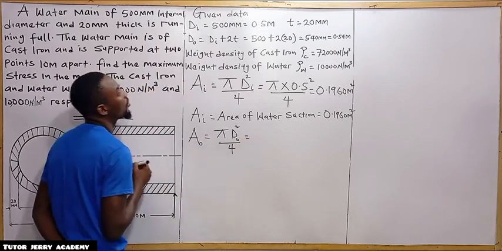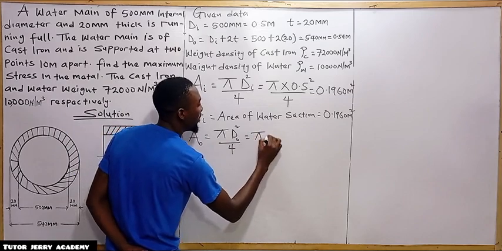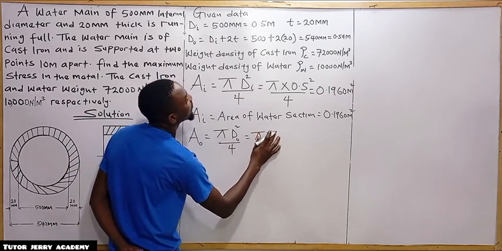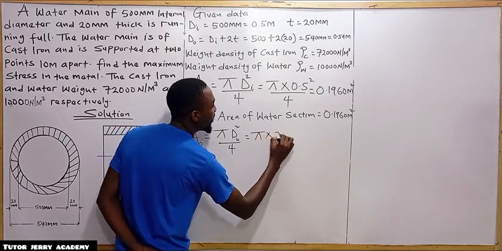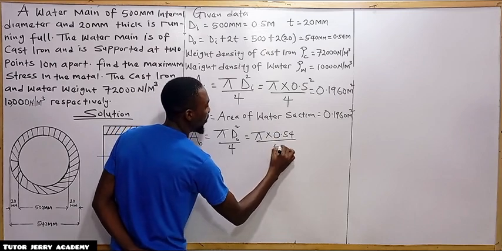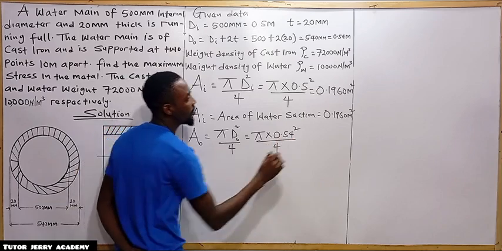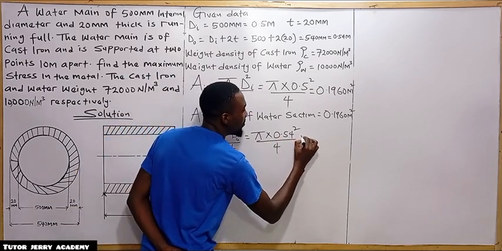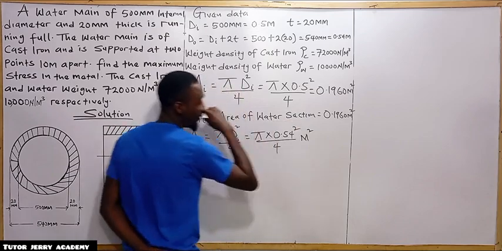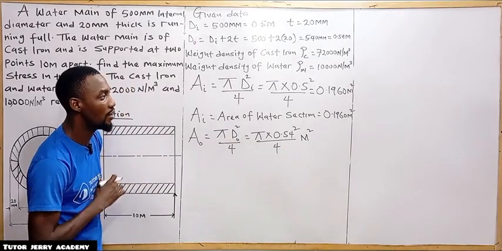This will be equal to pi, then multiplied by d naught. What is d naught? d naught is 0.54, divided by 4. This one is squared. So let's just leave this in this form. The unit is going to be meter squared. All right. So that is what we are going to have.